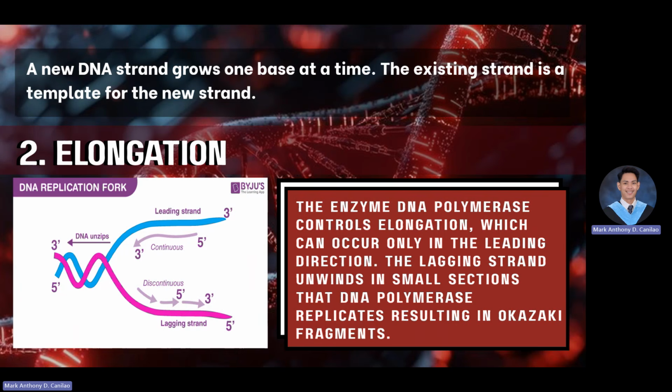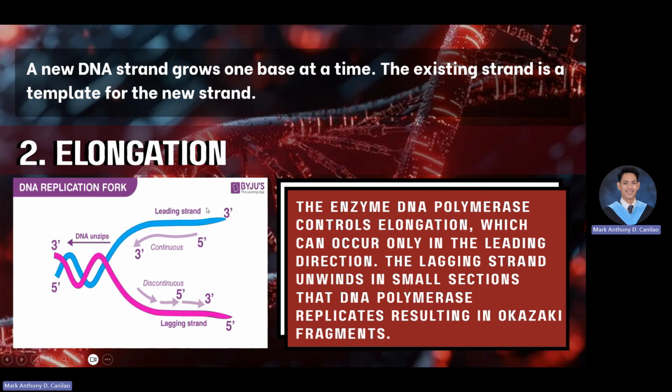By the term itself, it is lagging, meaning the process of giving nucleotide bases is discontinuous because you will be needing lots of RNA primers for the elongation phase to commence. Along the way, in the lagging strand, there are fragments that we call Okazaki fragments. Okazaki fragments are formed in the lagging strand because we have used lots of RNA primers.